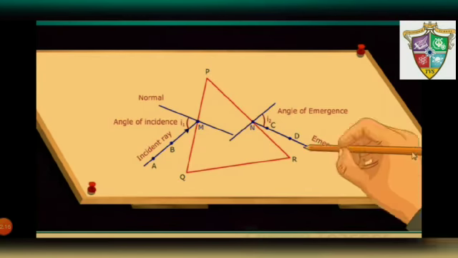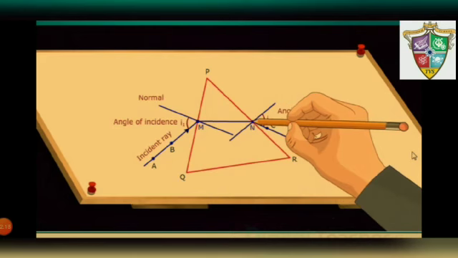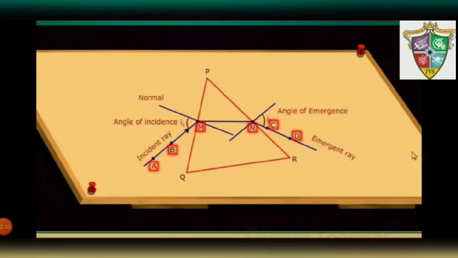Now join the line MN. This is known as the refracted ray. Points A, B, M, N, C, D show the path of light, and it is showing that refraction takes place. If there were no prism, the lines would join at a point, say O, and the angle D is known as the angle of deviation.